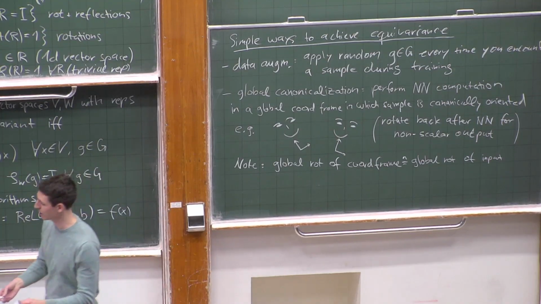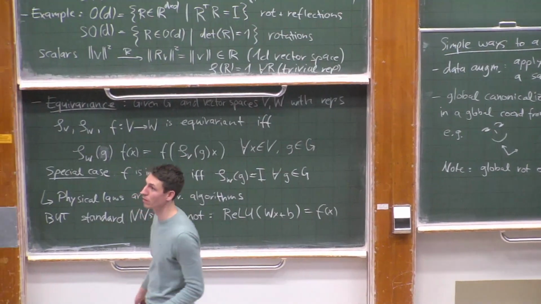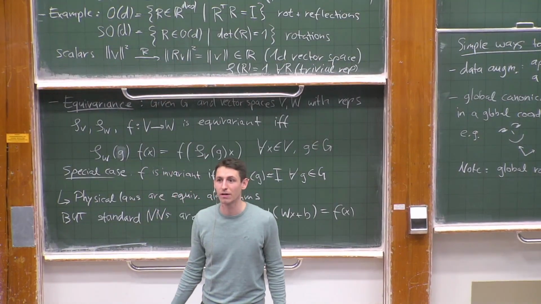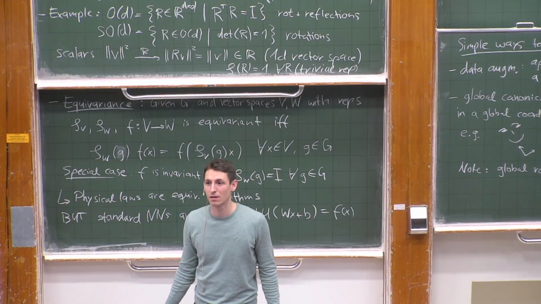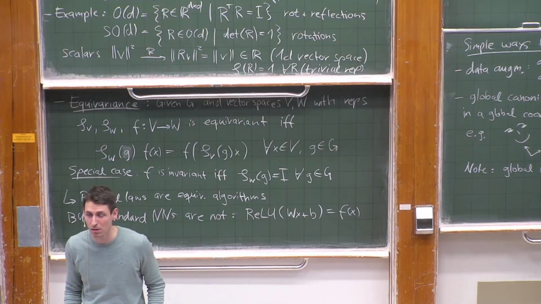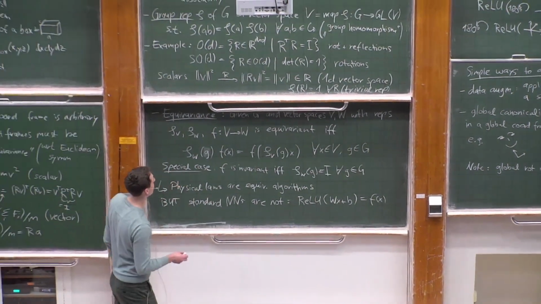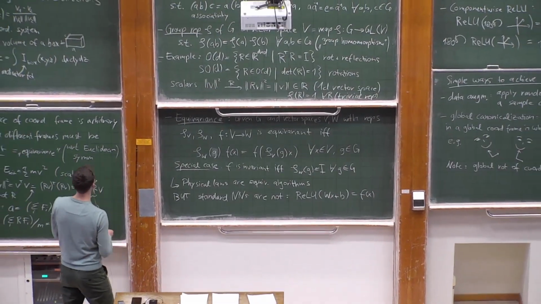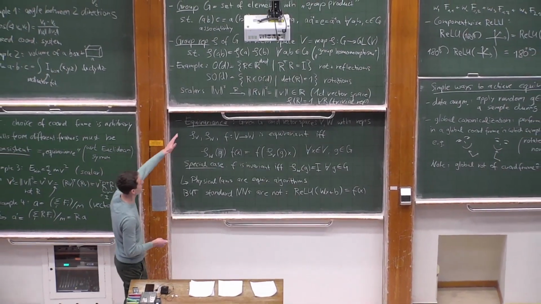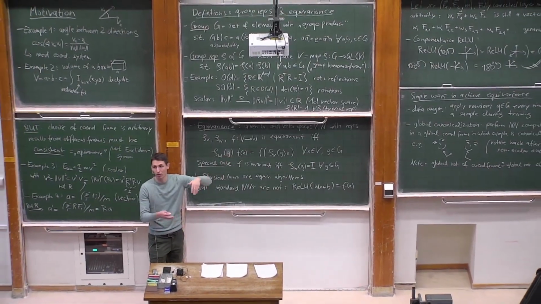Do you have any questions while I wipe the board? Yeah? Okay, so the question is, the representations which we look at right now, they are linear in the sense that they map to linear elements, right, to invertible matrices.